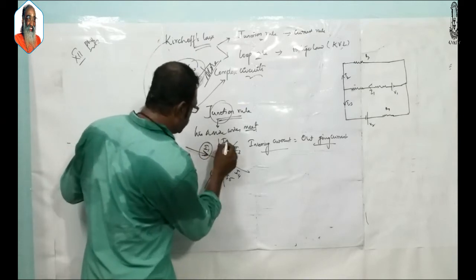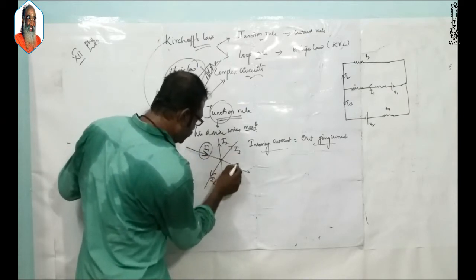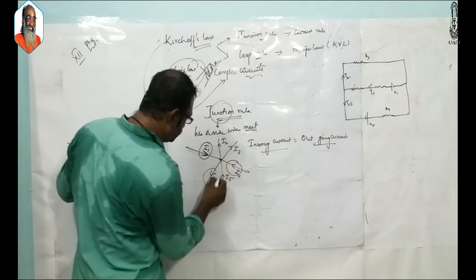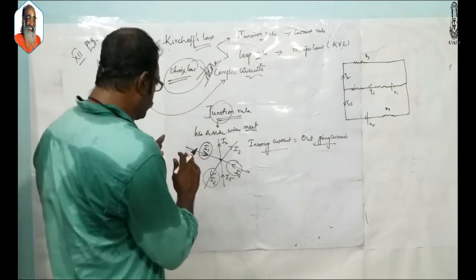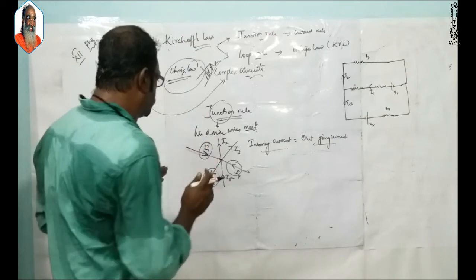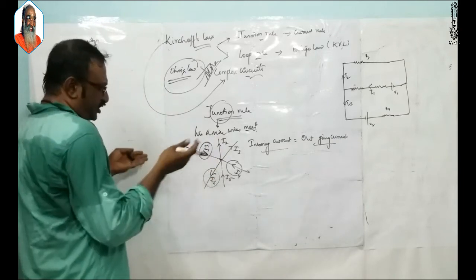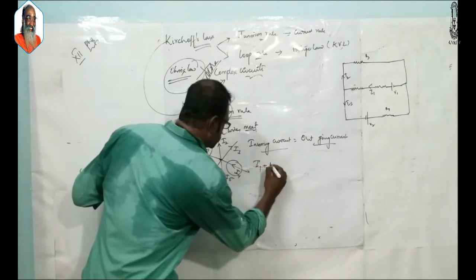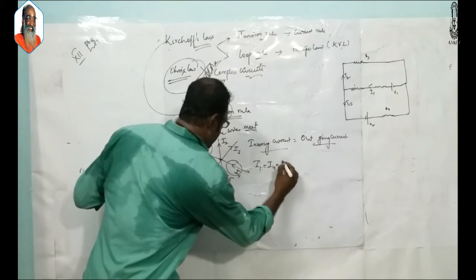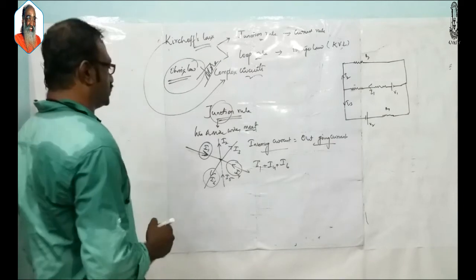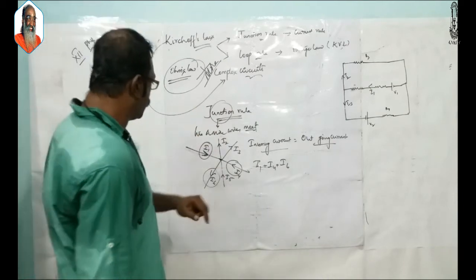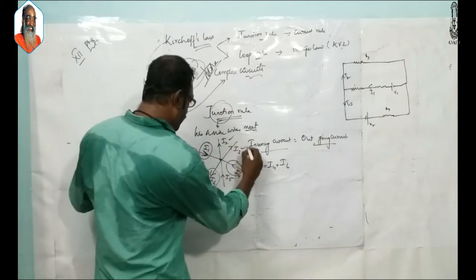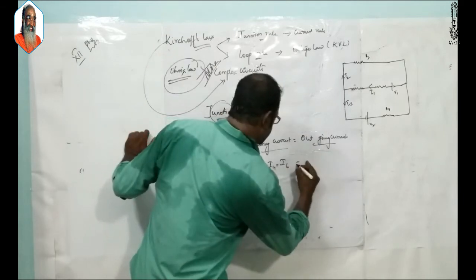These are incoming currents. So now we have to find the algebraic sum of these incoming currents. This is a scalar quantity, so we can go with the algebraic method. So I1 plus I4 plus I6. These are incoming currents. And what are the outgoing currents? I2, I3, I5. This should be equal to I2, I3 and I5.